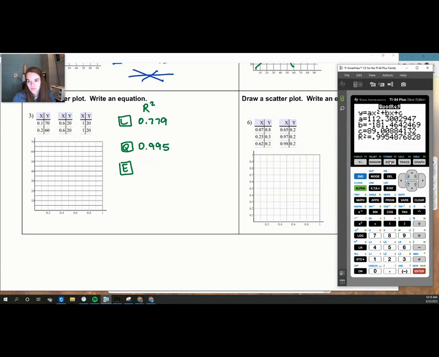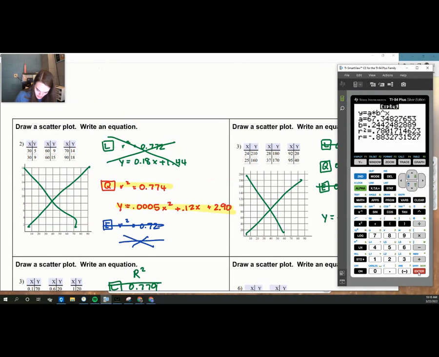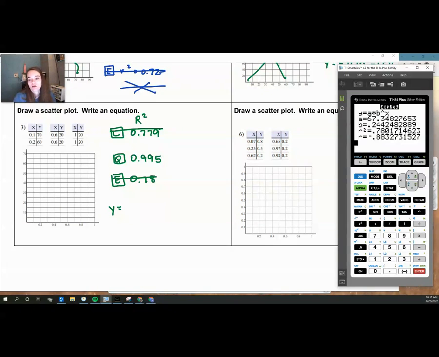But, okay, so stat, calc, 0. Yeah, it is definitely quadratic. We have a lot of quadratics here, don't we? Yep. All right, so stat, calc, number 5, so we can write that equation.